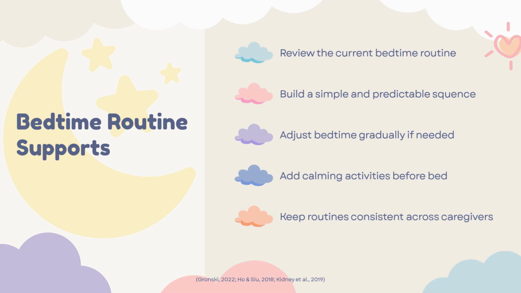If timing needs adjustment, the bedtime can be shifted gradually rather than making any abrupt changes. We can also add calming activities that support regulation right before bedtime. And it is important that routines remain consistent across caregivers whenever possible. When these routines are predictable and aligned across adults, children are more likely to feel secure and be ready for sleep.